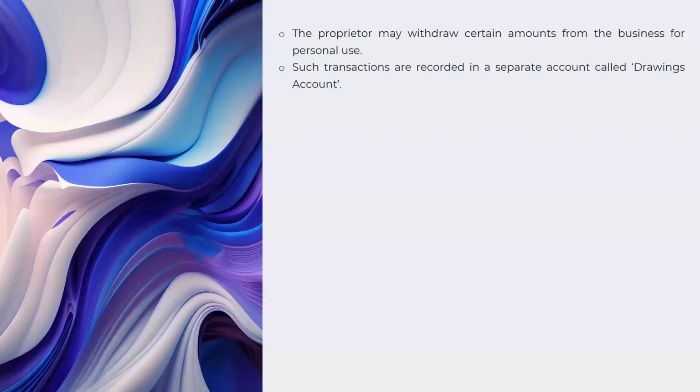If the owner is taking back money or anything of money value, whether it be furniture, goods, office stationery, or if he is using a part of the office building for personal use, if it is being taken for the owner's personal use, everything comes under the drawings account.